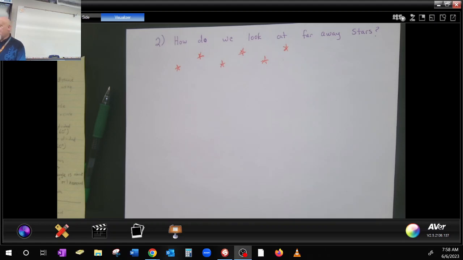Because we got to get that light to come to here. So the next closest star to us outside of our own sun is about 4.5 light years away. I think it's 4.8 or something like that. Which means we're not seeing that star as it is now. We're looking at a star that was there 4.5 years ago.